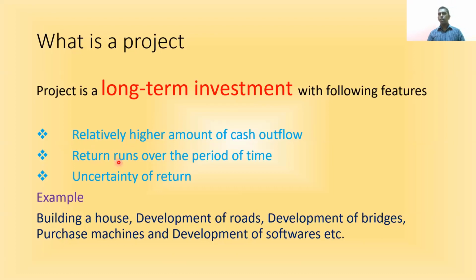Initially, we have to incur a huge amount of cash outflow. Cash outflow means cash going out from us. If we need to acquire that investment opportunity, we have to make some expense. I mean we have to invest the money, which means money going out from us.